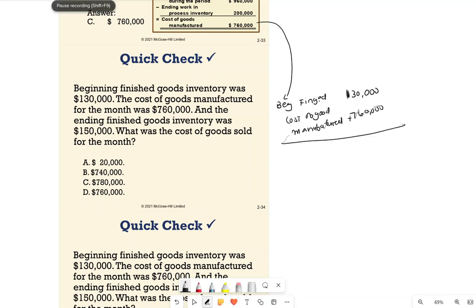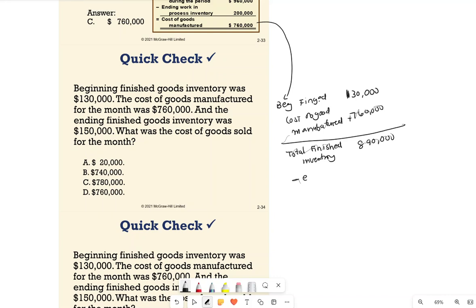I have total finished goods inventory. This is your total finished goods inventory. If I add these two numbers, I will get 890,000. And what we do is, we know that we want to know how much we sold.